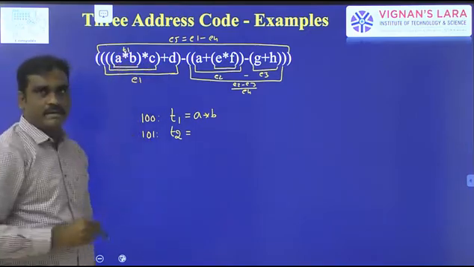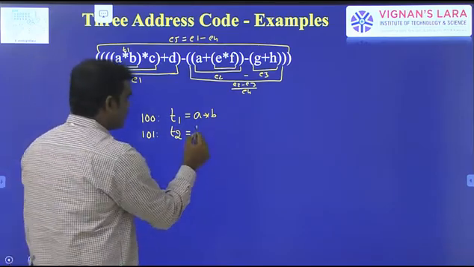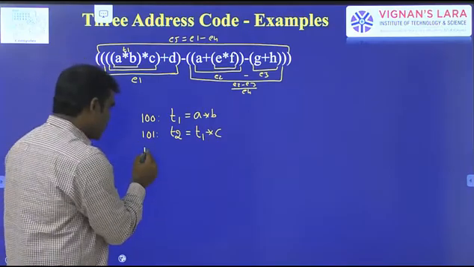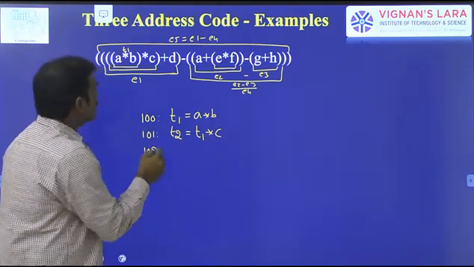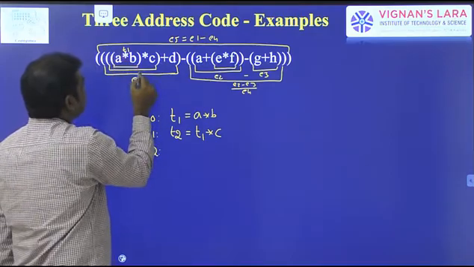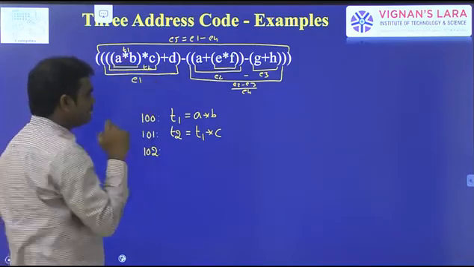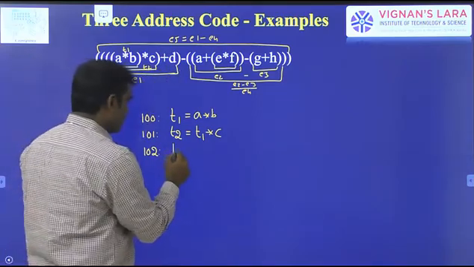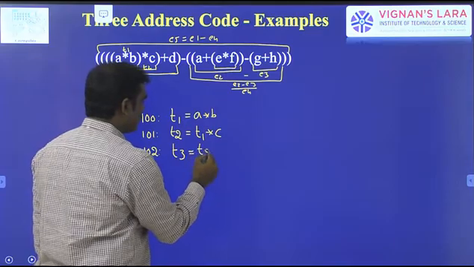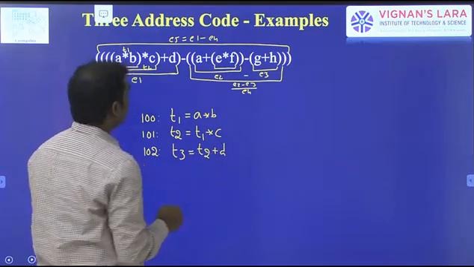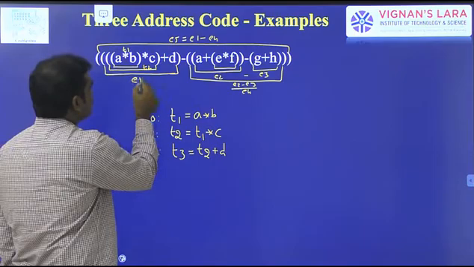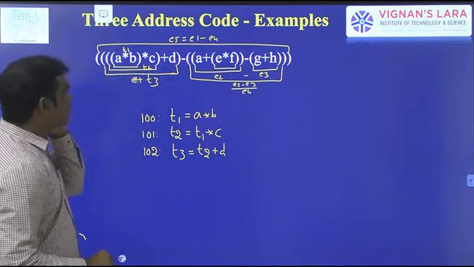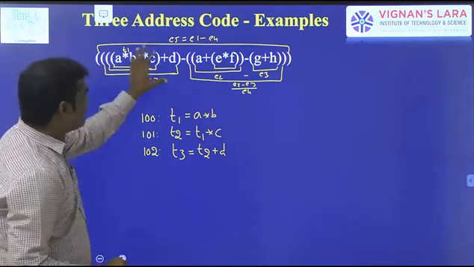So T1 is multiplied with C. Next one, 102. Now this entire one is T2. Now T2 plus D. Take temporary variable T3 equal to T2 plus D. Now the entire value is T3.